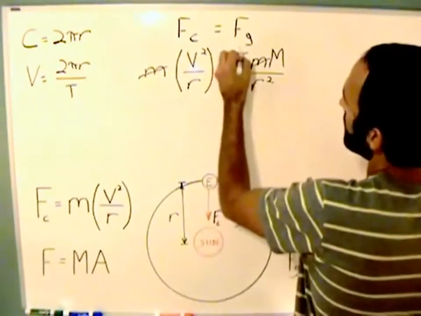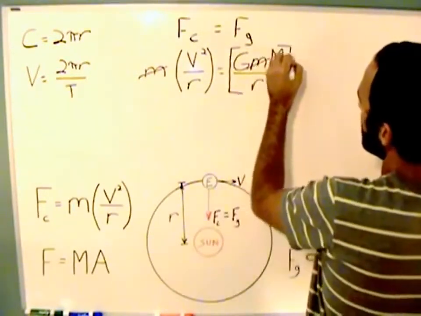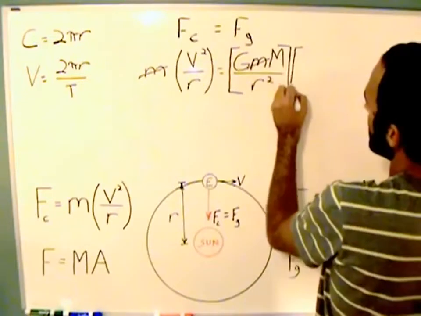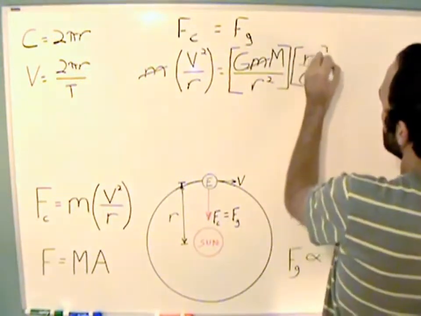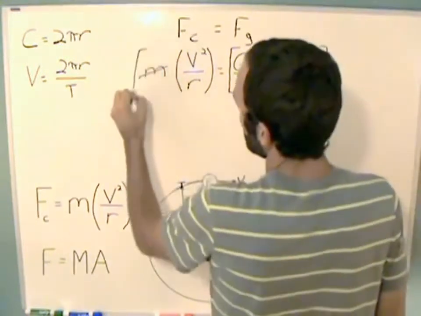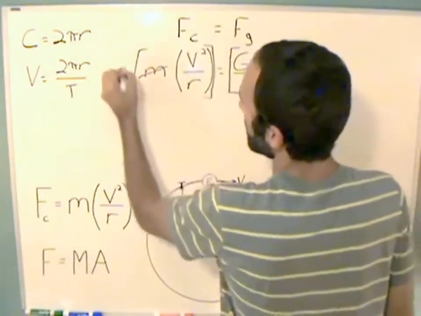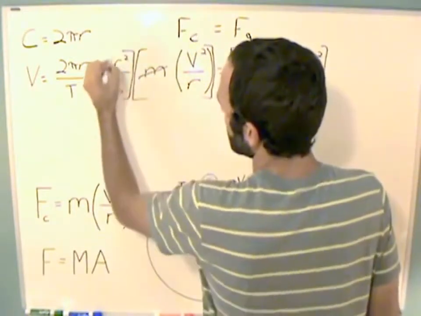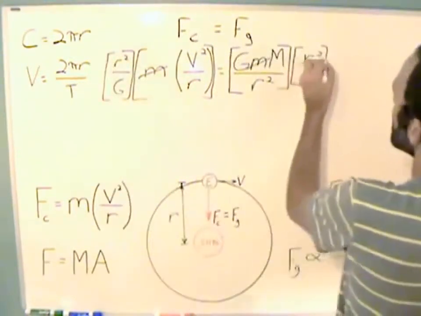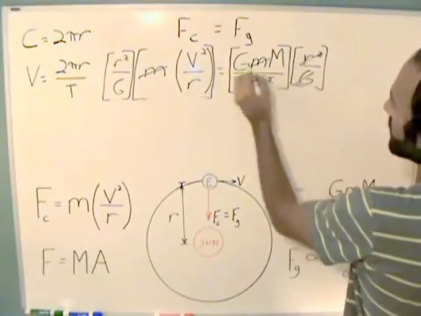Okay, so showing some simple algebra here, you could say multiply this side times r squared over g. Multiply this side times the same thing, r squared over g, just to show the steps. So r squared cancels, g cancels.